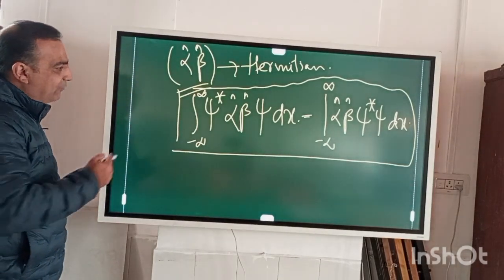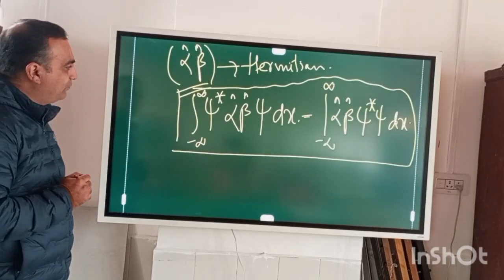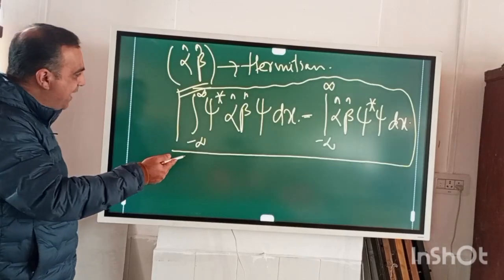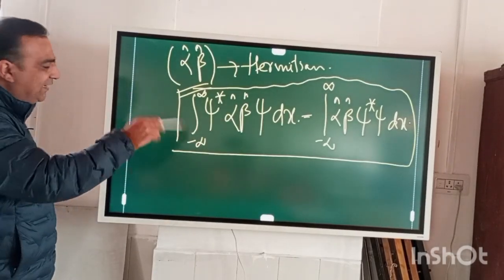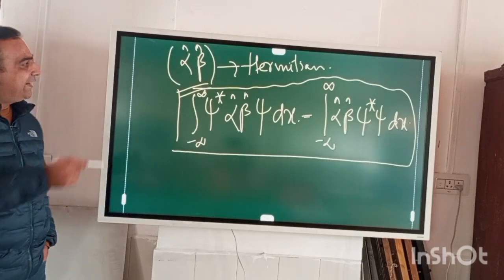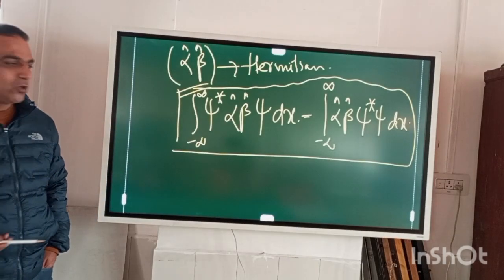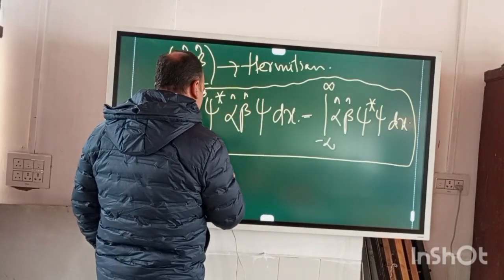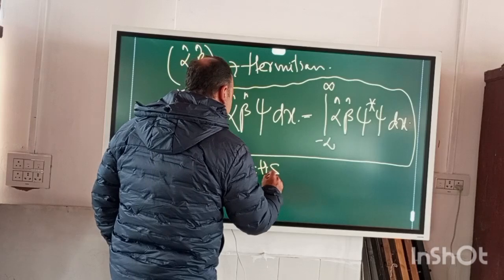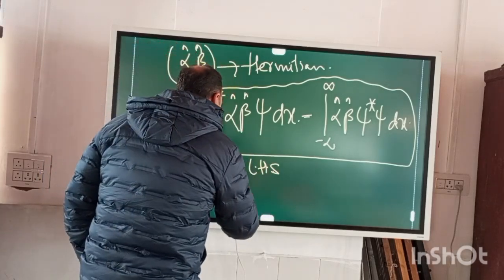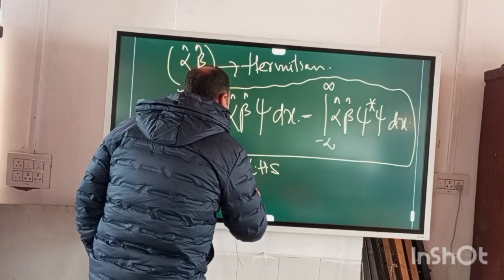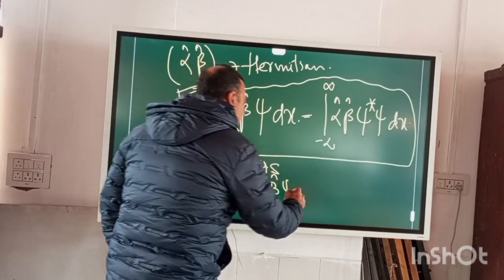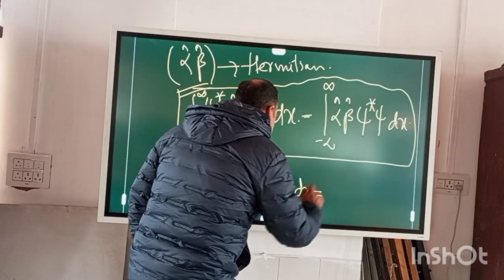In proving this, I would like to choose the left-hand side of this equation. This is the traditional way of doing these things. If I obtain the right-hand side by evaluating the left-hand side, then automatically I'll be in a position to declare that the product of these two Hermitian operators is also Hermitian. So what should I do? I'm taking my left-hand side, that is the integral from minus infinity to infinity of psi star, alpha cap, beta cap, psi, dx.